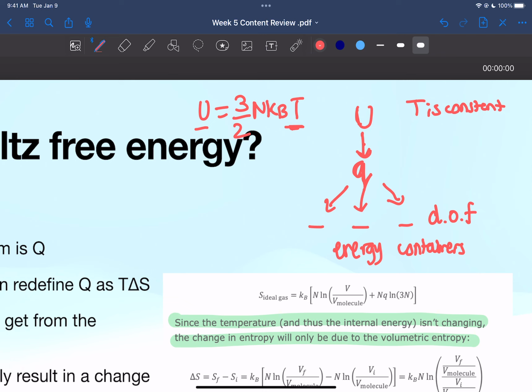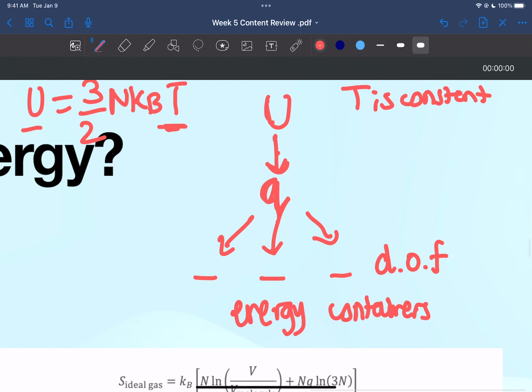We're not changing the ways that the energy blocks are distributed. So when temperature is constant in Helmholtz free energy, internal energy is not changed. Therefore, the number of energy blocks doesn't change either, because if we haven't changed the total energy, we haven't changed the number of blocks we're splitting that energy into.